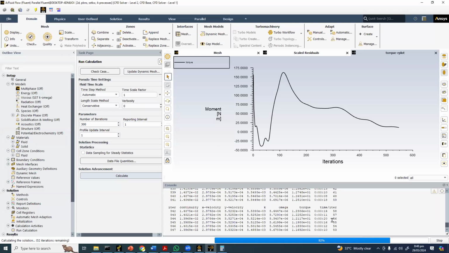And this is very much obvious: this will not converge to a single value because this is a transient solution.